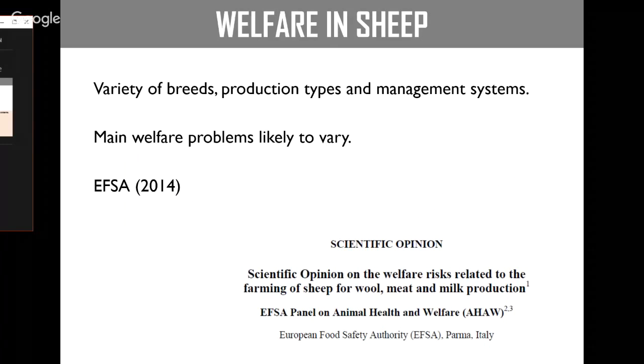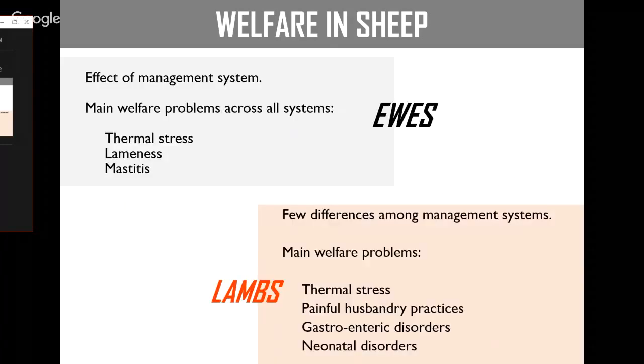Now, in 2014, EFSA, the European Food Safety Authority, published the scientific opinion on the welfare risks related to the farming of sheep. According to this opinion, the main welfare problems for ewes do vary according to the management system, but across all systems, the main welfare problems are thermal stress, lameness, and mastitis.